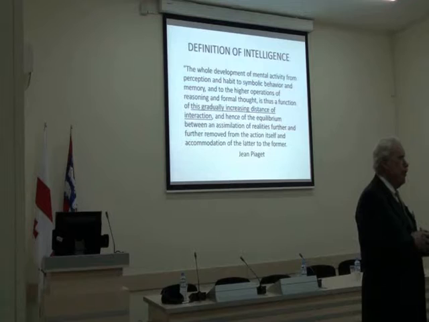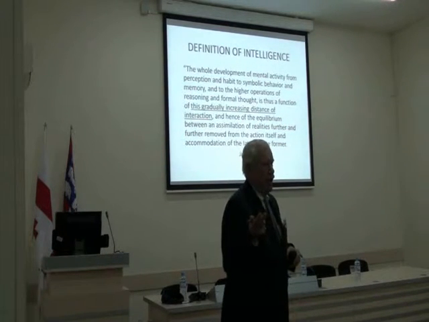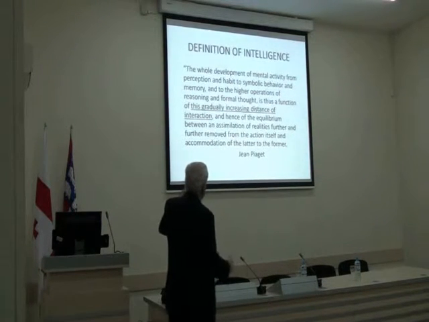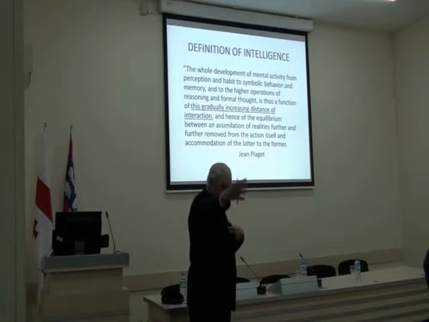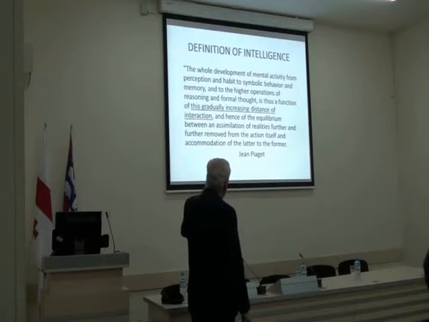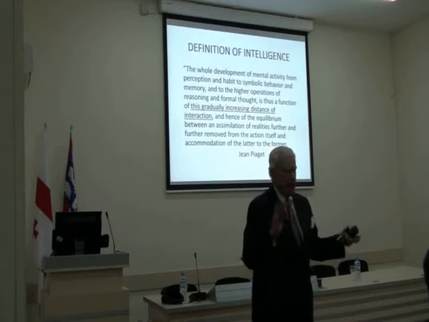And he is full of examples of doing that. This gradually increasing distance of interaction, that is, distance from the self, out into reality. And hence of equilibrium between an assimilation of realities further and further removed from the action itself and accommodation of the latter to the former. So assimilation and accommodation, we'll talk about that.